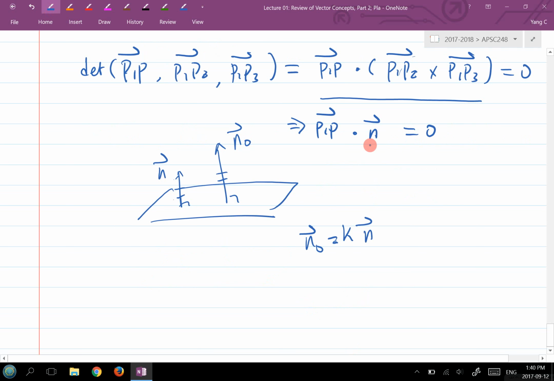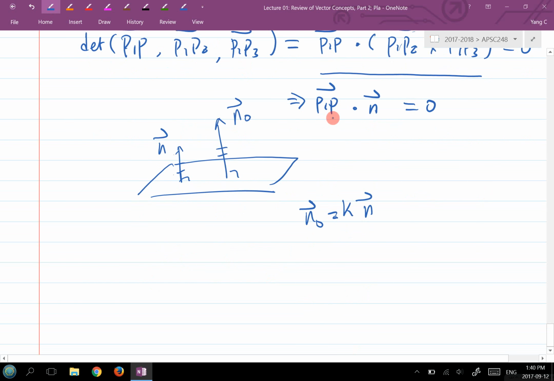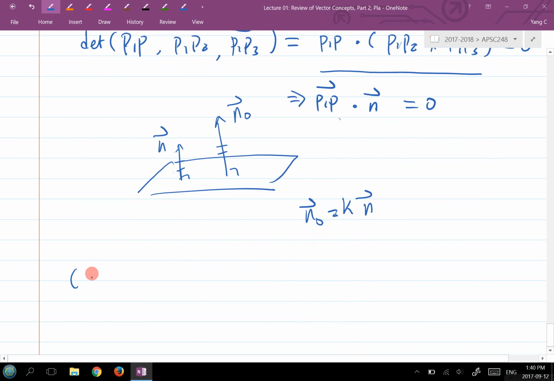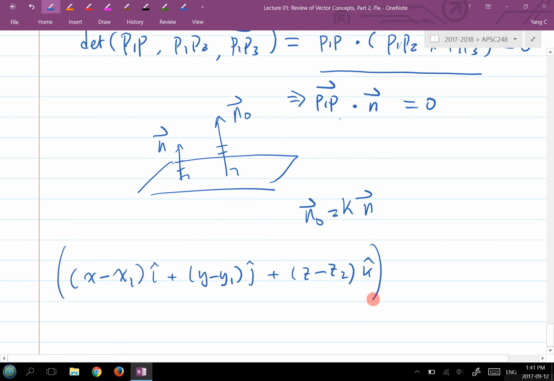Okay, so I'm going to write it out a little bit more now. This P1P is x minus x naught i hat plus y minus y1, and so on. So this is your P1P, and then this is n.